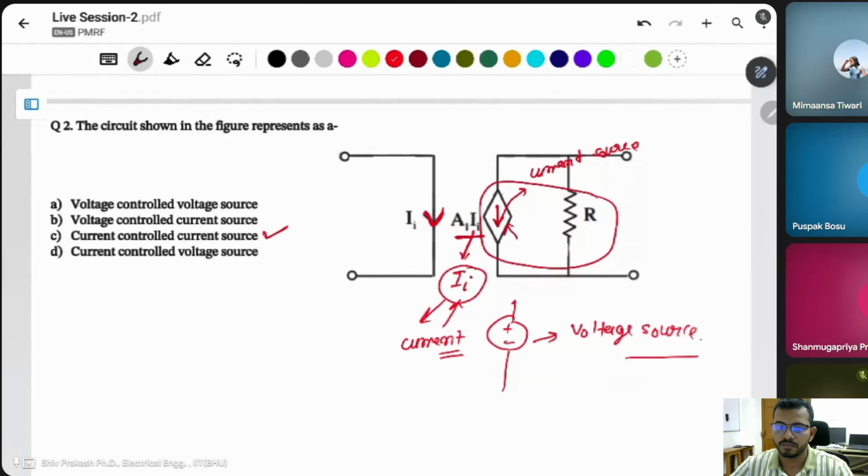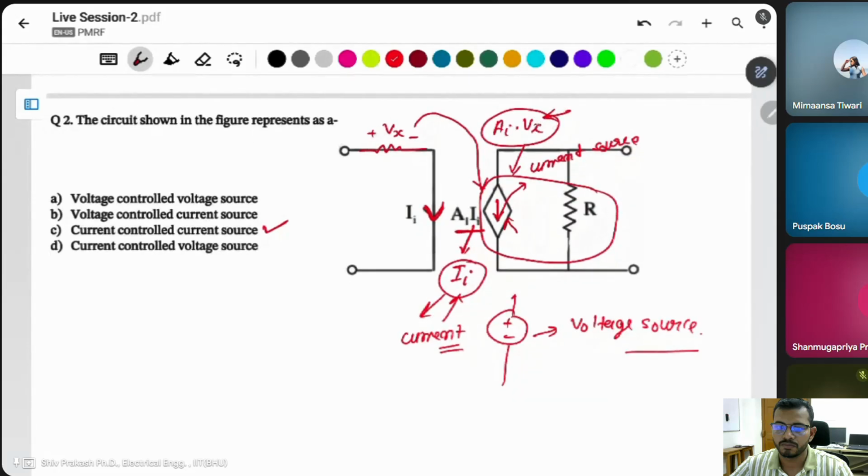Then, is this controlled by a voltage source or a current source? If there is a resistance and the voltage across this resistance is Vx, and the source is A into Vx, then this current source is controlled by the voltage across this resistor.